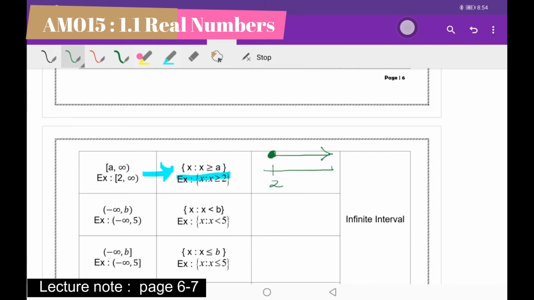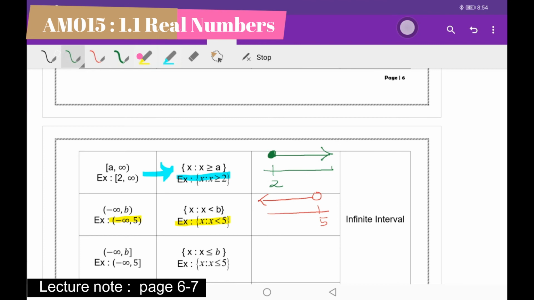The next one, negative infinity to 5. This is how you write it down in set notation form. For the number line, you need to draw 5 here. Because now you are going to negative infinity, it goes the other way. 5 is using a circle bracket, so you need to use an empty circle and move towards negative infinity.